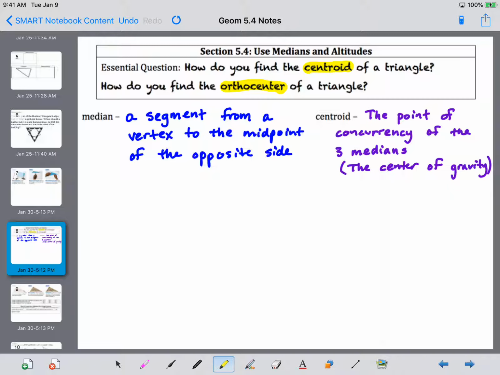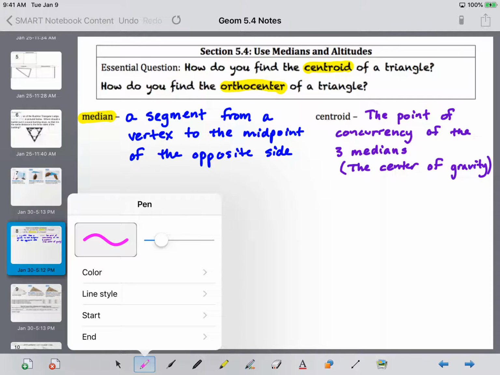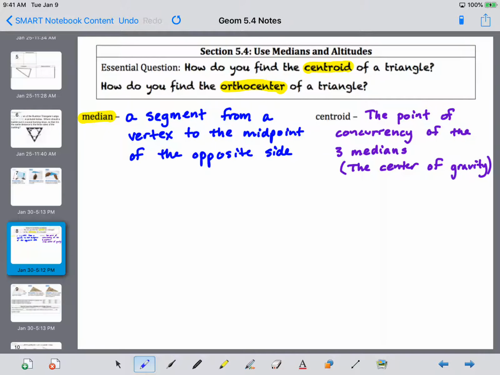In order to find the centroid, you need to know what a median is, which is a segment from a vertex to the midpoint of the opposite side. Say we have a triangle here, and that's the midpoint of that side. A median would go from this vertex to that midpoint.